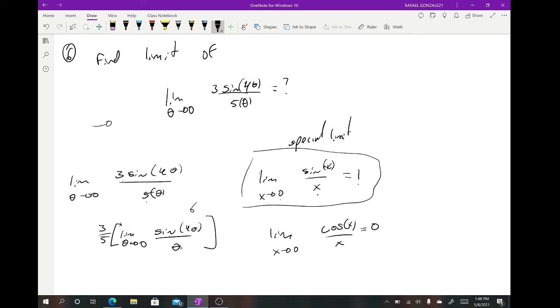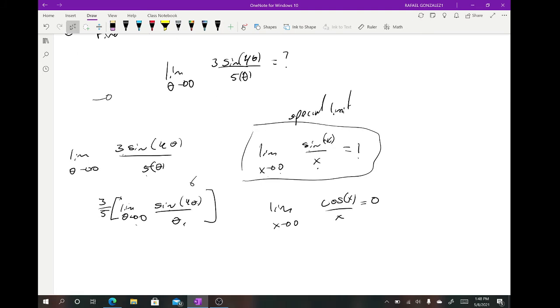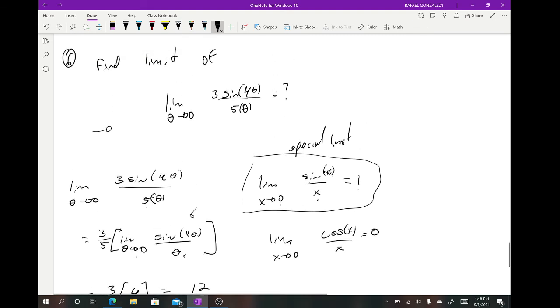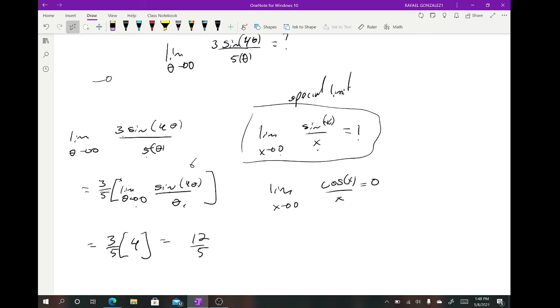Sine of 4 theta over theta as limit goes to 0 is 4. So what we get here is 3 over 5 times 4. Again, this is by the squeeze theorem. You could show that this is true. So we get that the solution to our problem is equal to 12 over 5. Okay? That is why these special limits are useful limit techniques.